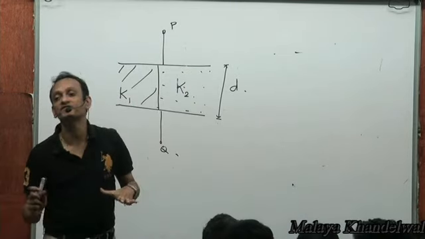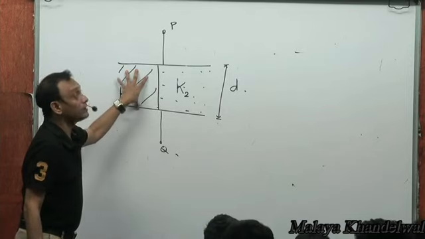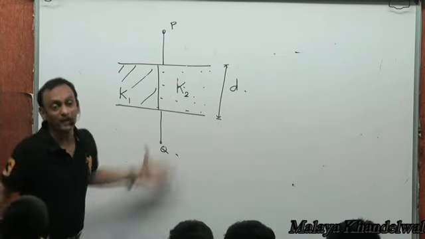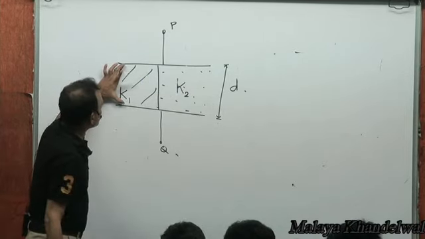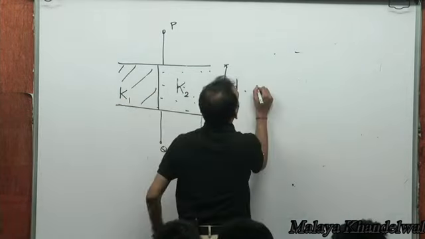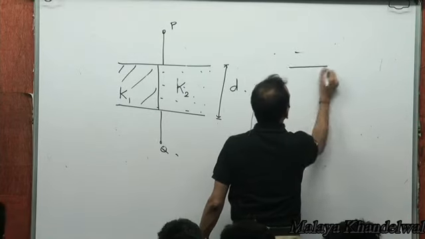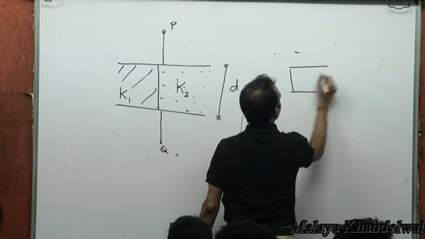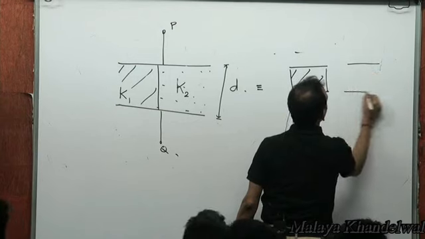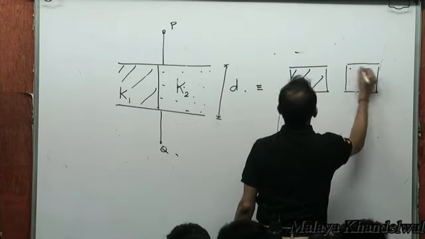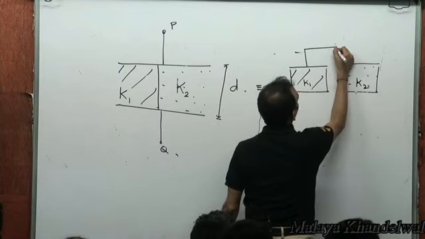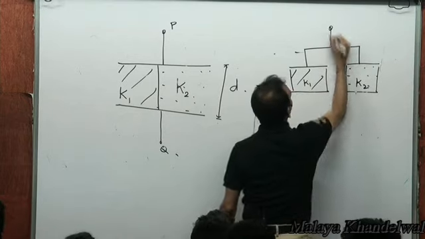The whole thing behaves like a capacitor K1 and a capacitor K2 in parallel between points P and Q, because the potential drop across this capacitor unit is the same as across this one.